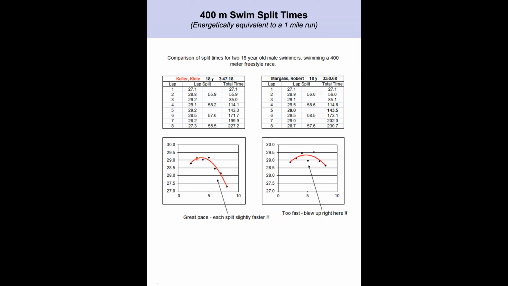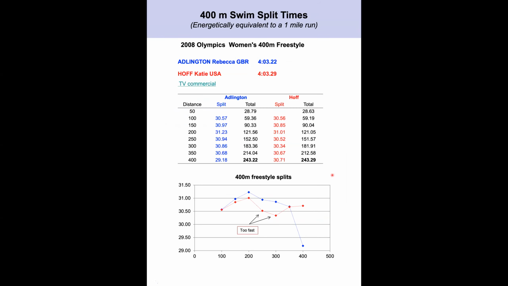And so you see this here, they paced and then they blew up at the end, versus here, this individual, if you look, they went too fast here. Look what happens. You have to slow down because of that lactate that you produced. And then they couldn't ever get it back. They failed to improve at the end of the race, so they were beat.